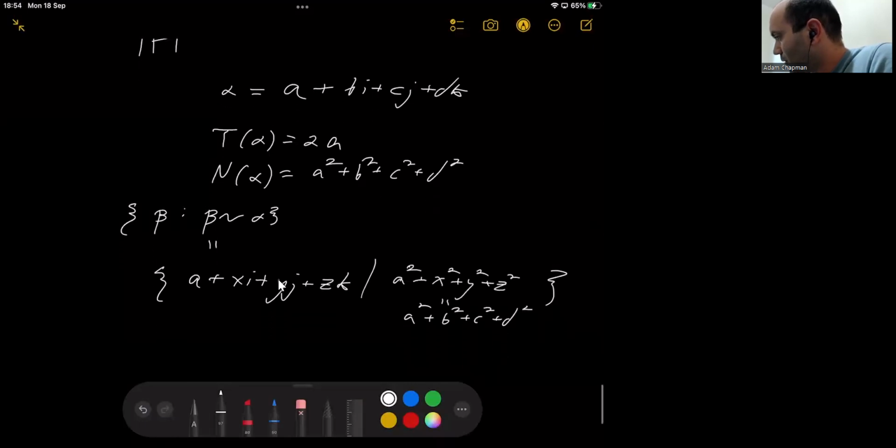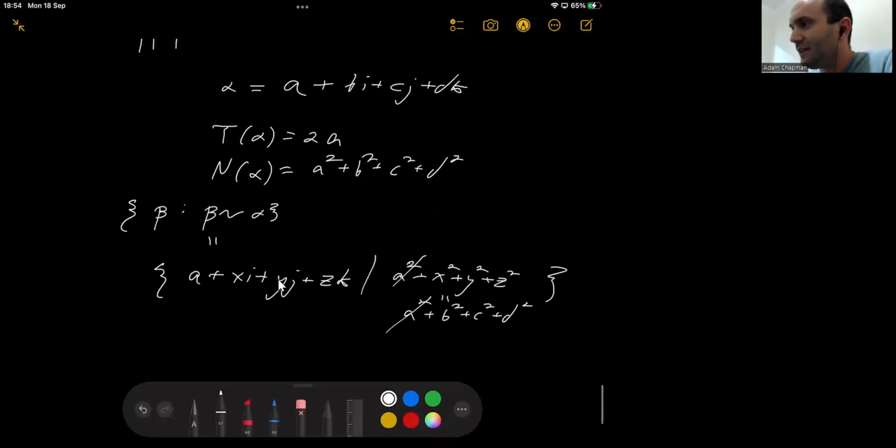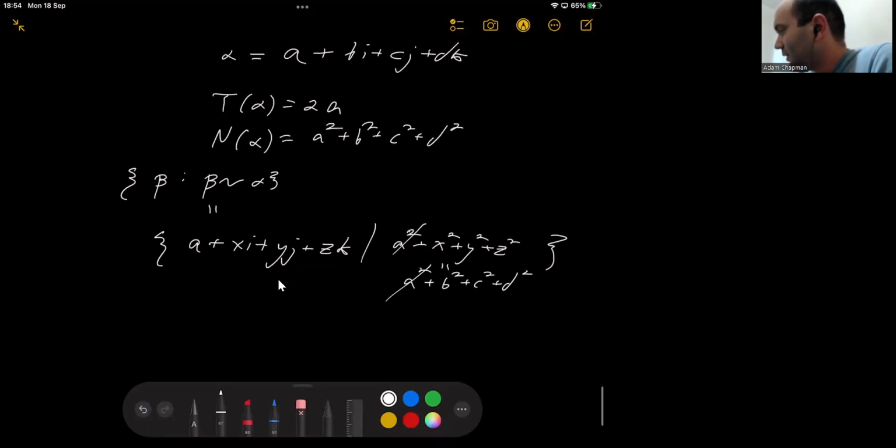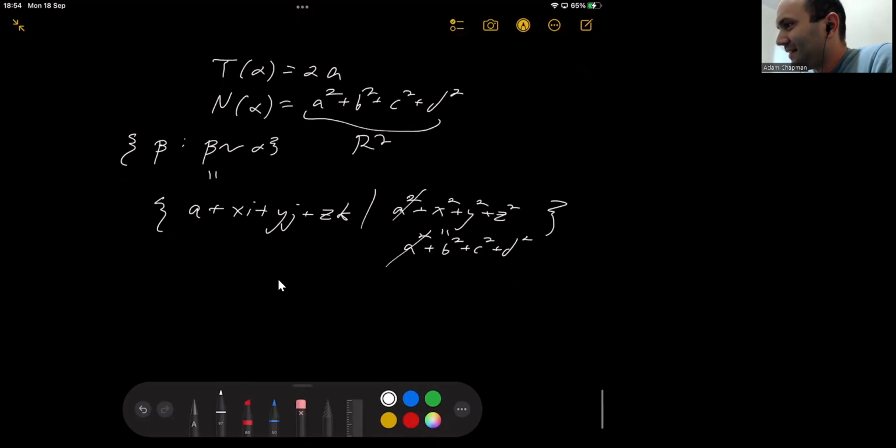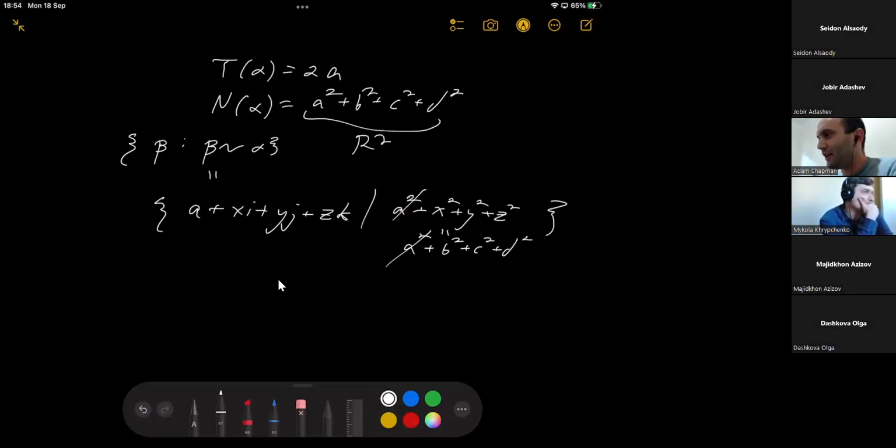So you can just erase the a squared. If you want, you can call this radius squared, and then you just get some kind of a sphere, right? It's like a sphere in R3 of radius R. That's the only argument I can find for spheres.